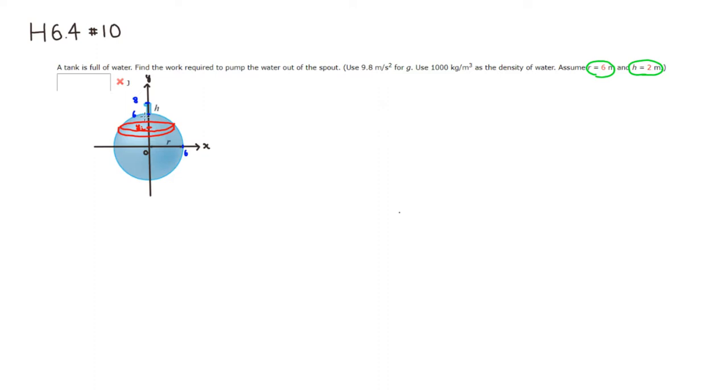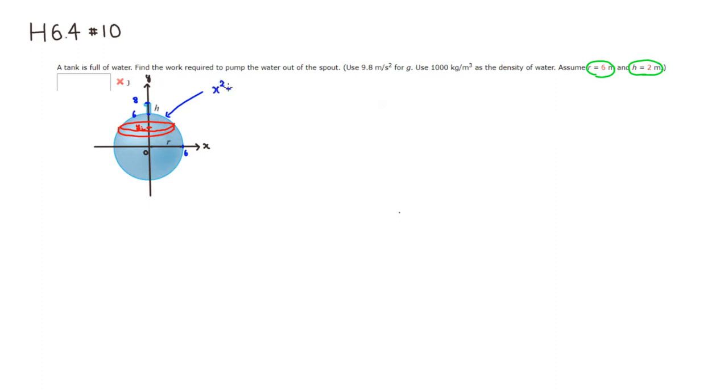At this point, we need to express the volume of this approximating cylinder. To do that, we have to know the equation. You can think of it as a circle centered at the origin.